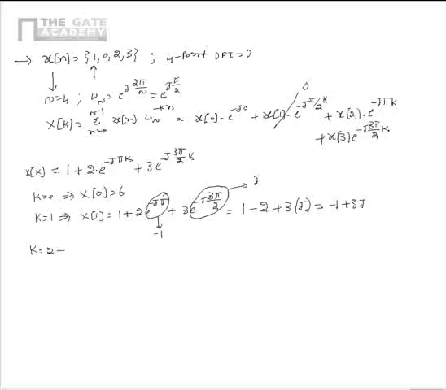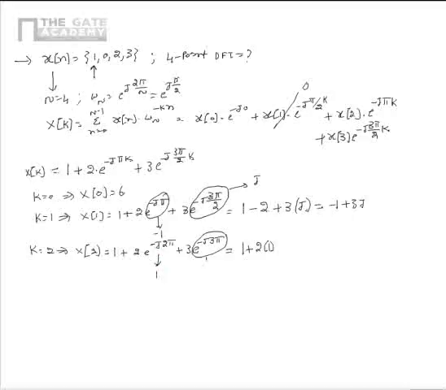Similarly, for k equal to 2, x of 2 can be written as 1 plus 2 into e power minus j 2 pi plus 3 into e power minus j 3 pi. This can be simplified as 1 plus 2 multiplied by 1 because e power minus j into 2 pi is equal to 1.